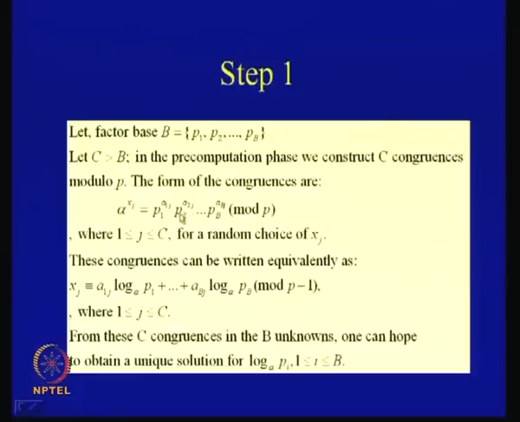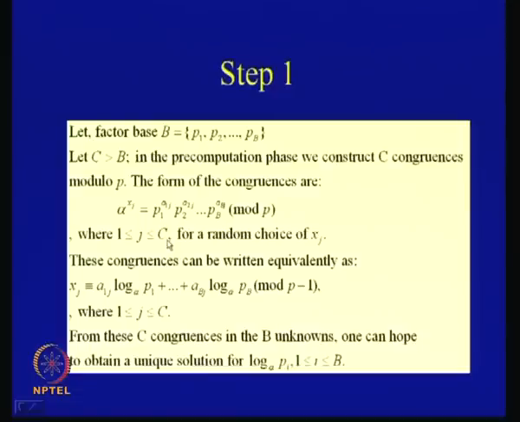That is, it should be expressible in the form of this congruence, that is p1 to the power of a1j, p2 to the power of a2j and so on till pB to the power of aBj modulo p. Okay. So now if you get such an xj value, you have to repeat this and find out C such choices, and note that C is greater than B.